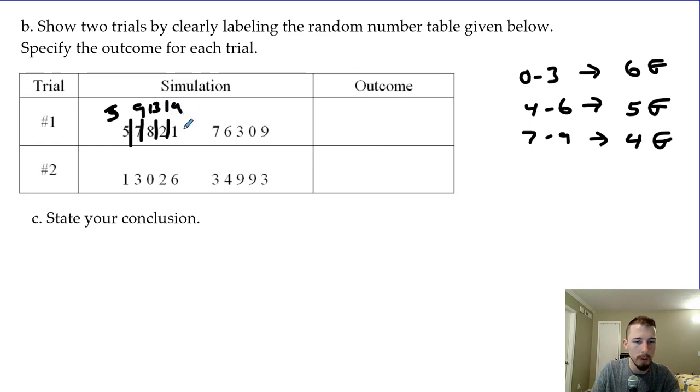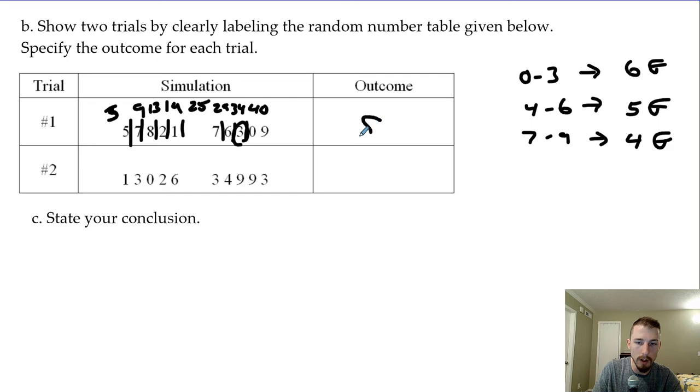Remember, we're trying to go up to 36. 1 is 6 good ones, which is going to be up to 25, and 7 is going to be 4 good ones, which puts us at 29. 6 is going to be 5 good ones, which is going to put us at 34, and then 3 is going to be 6 good ones, which is going to put us over the edge at 40. So 3 was the last one that we had. So how many bags of sweet potatoes did I have to buy before I got 36 good ones? At least 1, 2, 3, 4, 5, right? And 6, 7, 8.